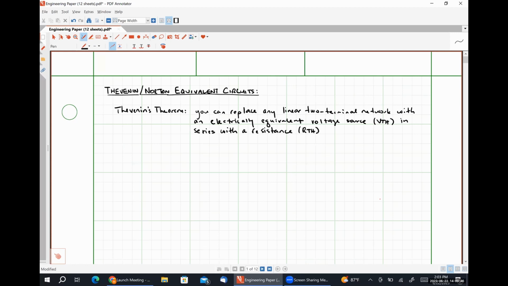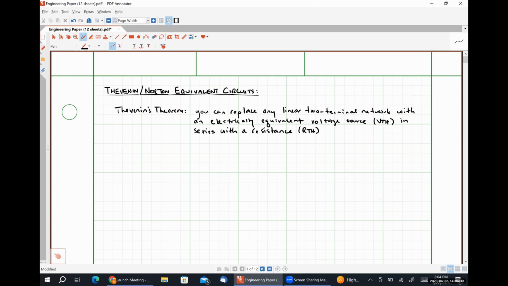And we kind of saw a little bit of that in our class meeting on Tuesday, but there were very specific rules about how we had to do the source transformations that we were doing on Tuesday in order to get things down or simplify things to a smaller circuit containing just a voltage source in series with a resistance.